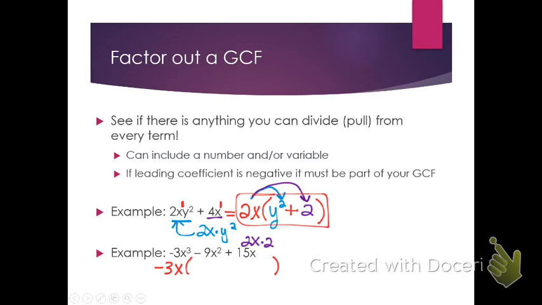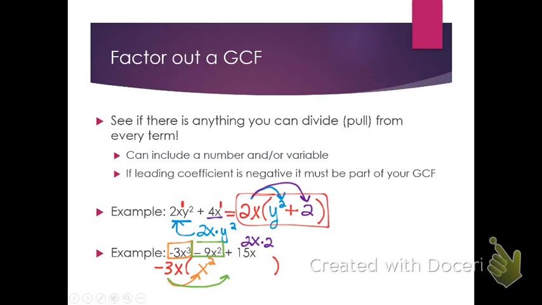Then I'm going to ask myself, -3x times what equals -3x cubed? -3x times x squared equals -3x cubed. And then I ask myself, -3x times what equals -9x squared?